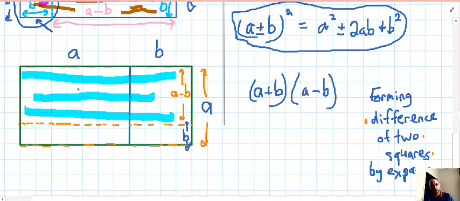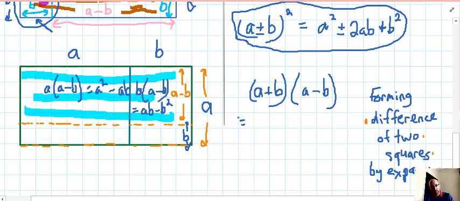So how do we find the area? Well, what's this area at the top left? It's a across and a minus b vertically. So it's a times a minus b, which is a squared minus ab, and this one here is b times a minus b, which is ab minus b squared.